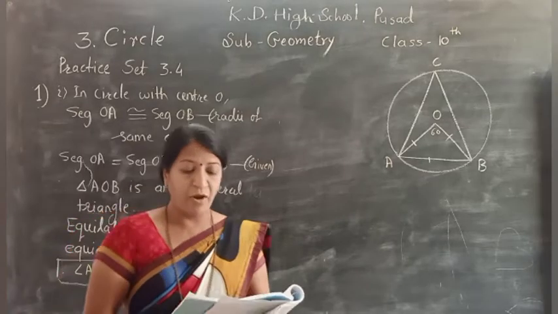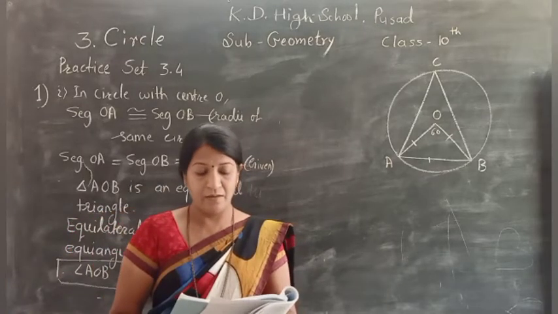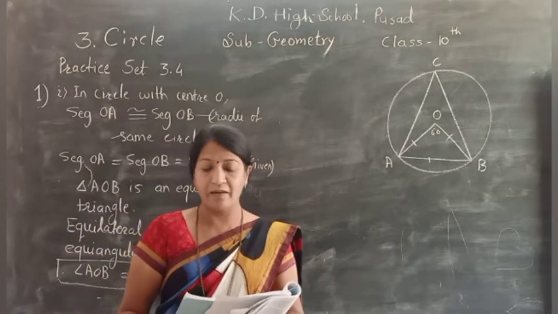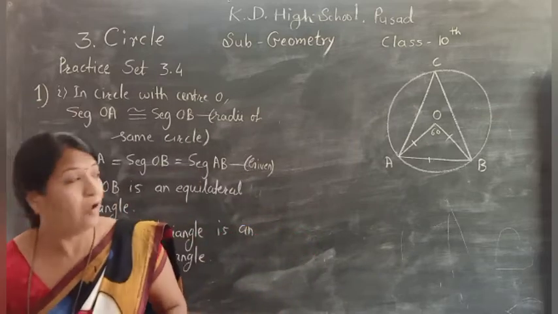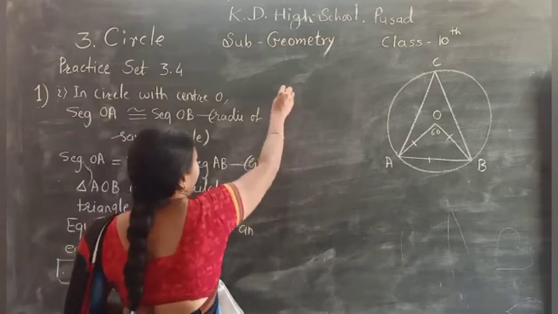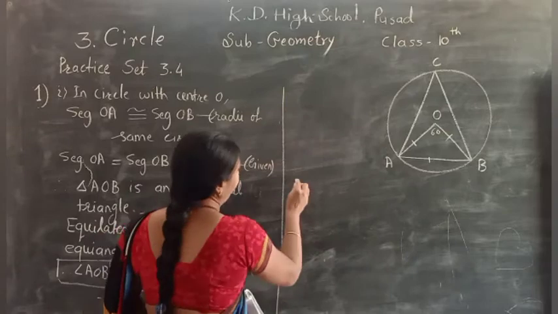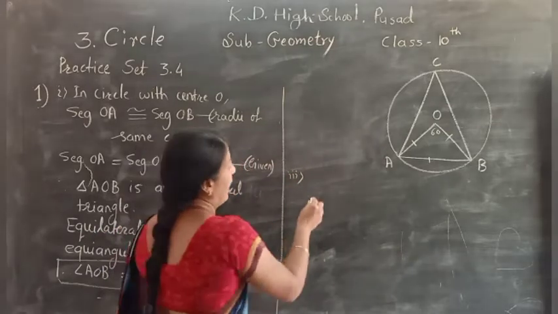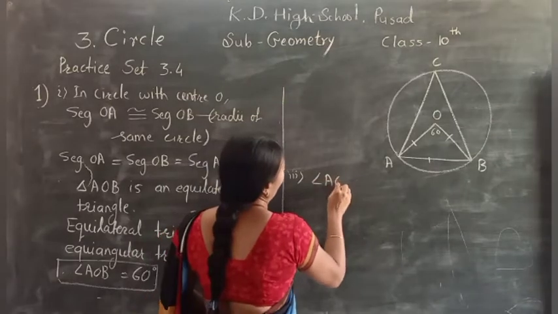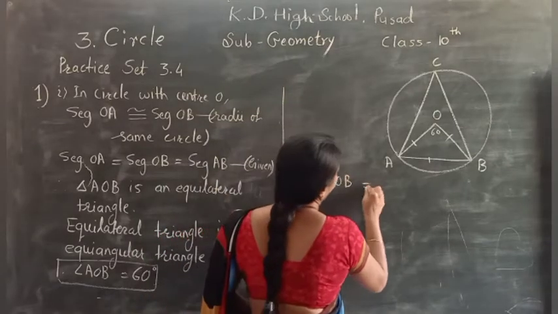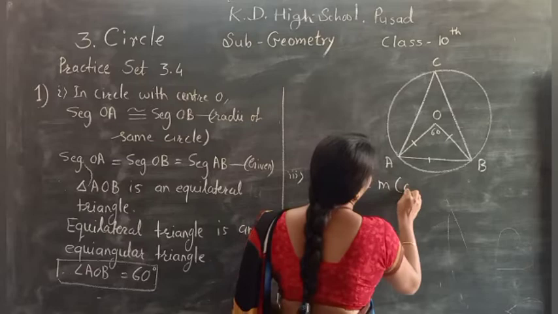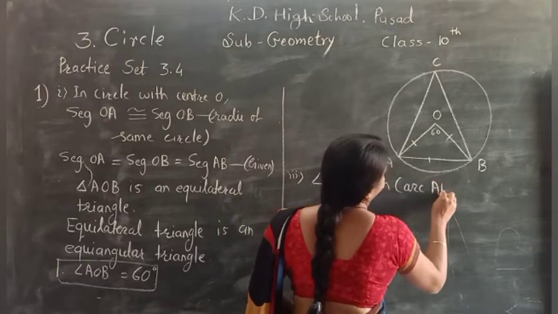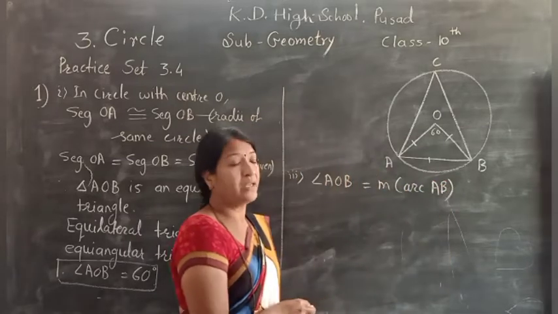Now see, we have to find out the arc AB first and then angle ACB. Okay, now we simplify third sub question first and then after the first. Angle AOB is equal to arc AB. Okay, what is the reason?